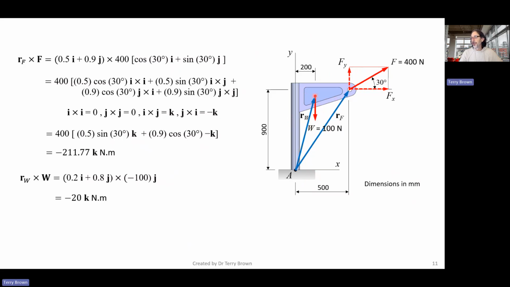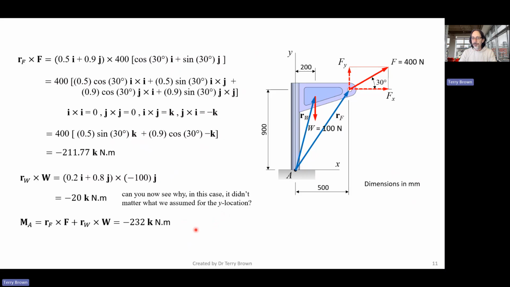So for example, we could have come down here and said that our position vector was just 0.2 I, right? And we would have got the same answer.